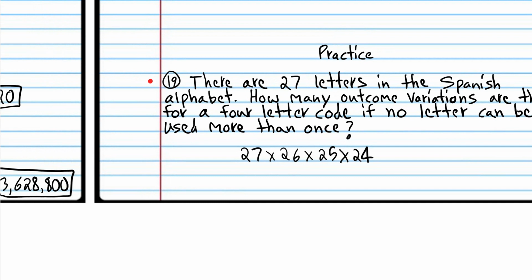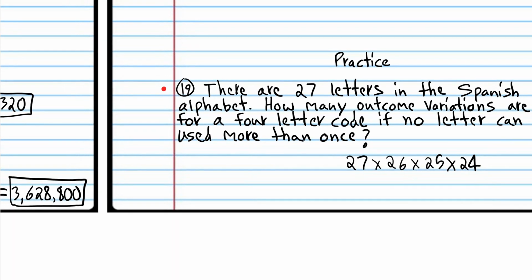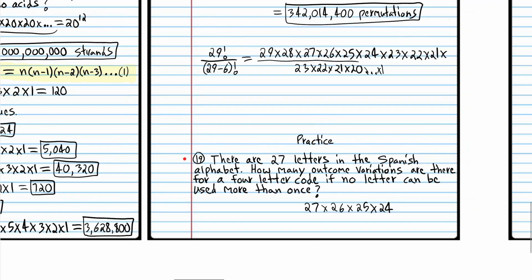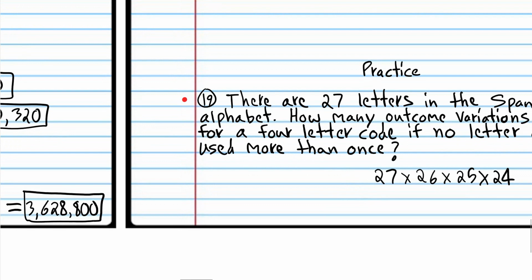Now I want you to use whatever notation that you want to use, but I'm going to show you both types of notation. So one type is P(27, 4). But the type of notation we're using is 27P4.